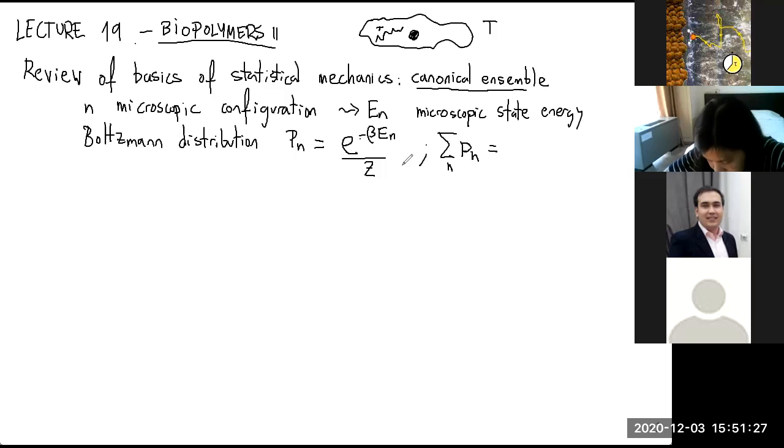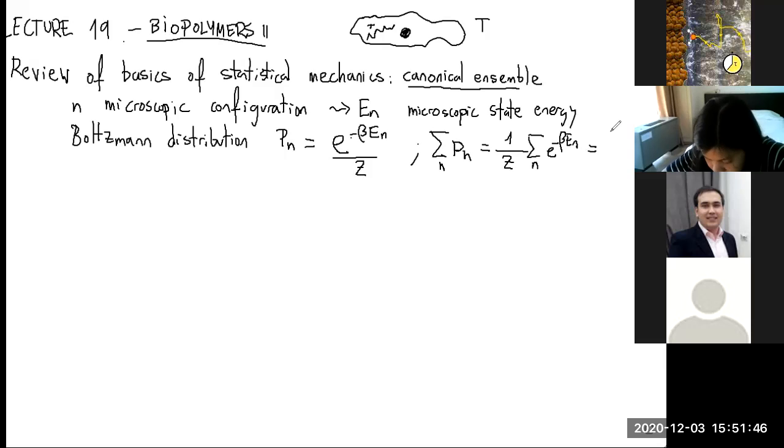So this means that Z goes out of the sum, because this is a number. And then if you sum over n of e to the minus beta E n, this must be equal to 1. So then you can move Z to the right and get what is the partition function. This is simple. So it will be called the partition function.